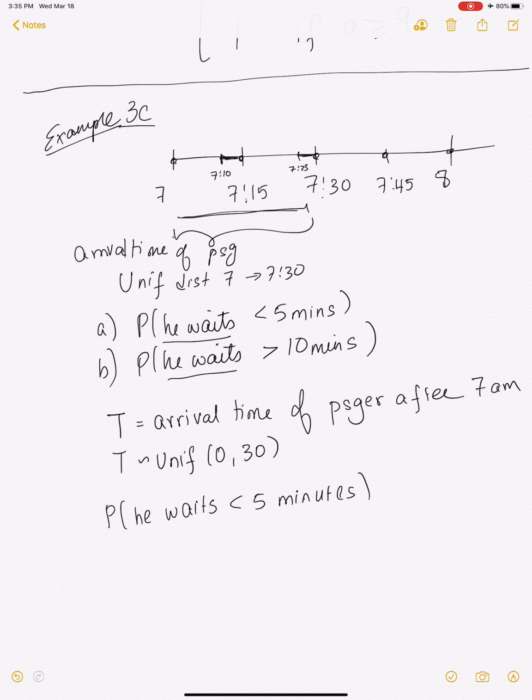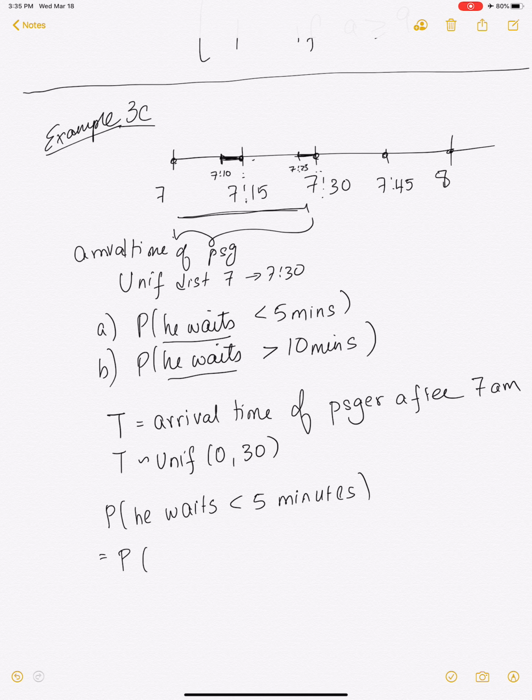So this is the same as probability... So if he arrives anytime 7:10 on, then he's going to get the 7:15 bus. 7:10 to 7:15, he'll get the 7:15 bus. If he arrives from 7:25 to 7:30, he'll get the 7:30 bus. If he arrives after 7:15, he'll have to get the 7:30 bus. But if he wants to wait less than 5 minutes, you see, he has to arrive in one of those two intervals.